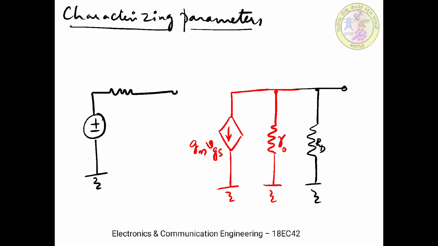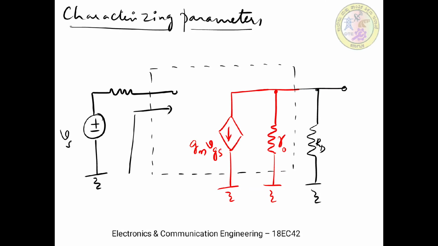Okay. So therefore now this is our equivalent circuit model for the common source amplifier without RS, without source resistance RS. Now in this we have to mention the input resistance Rin.